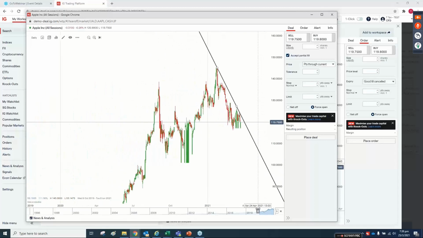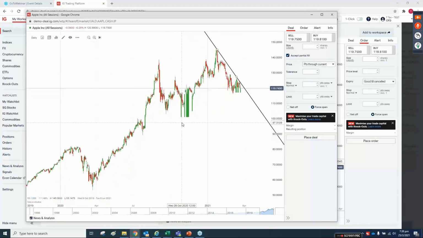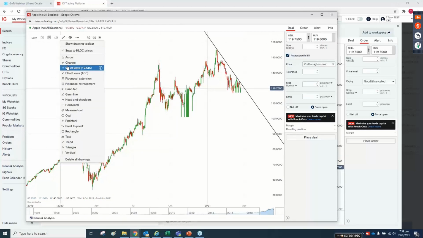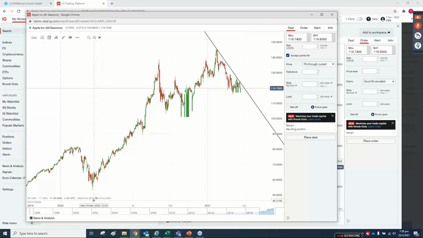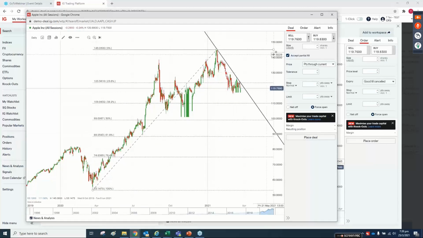Now, I also want to draw in the Fibonacci retracement just to see where we are at. So I'm going to draw this in right now. I'll connect here and here, stretch this out a little bit.